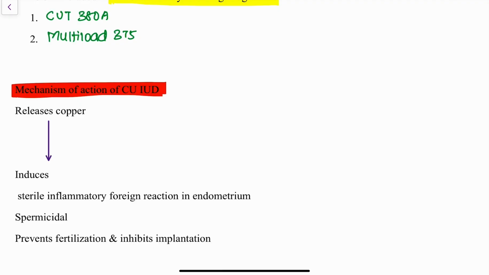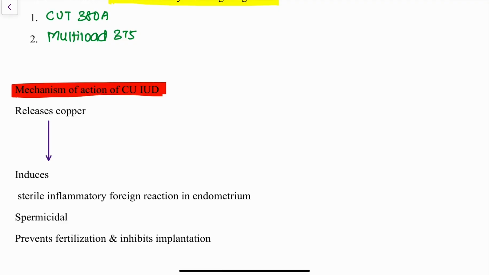Once this copper is released, it is going to induce a sterile inflammatory foreign body reaction in the uterine endometrium. As well, due to this inflammatory reaction, because of macrophagic phagocytic activity, it is going to have a spermicidal action towards the sperm, and therefore it is going to prevent the act of fertilization.